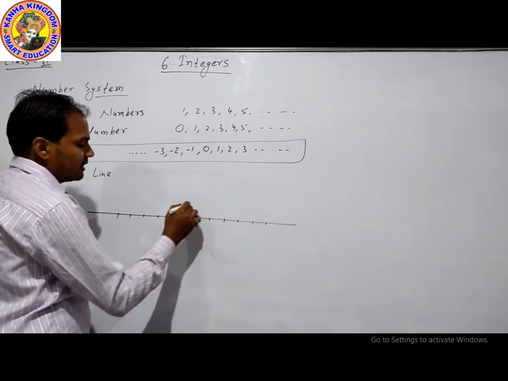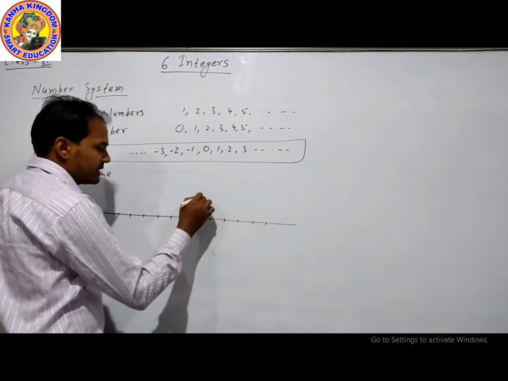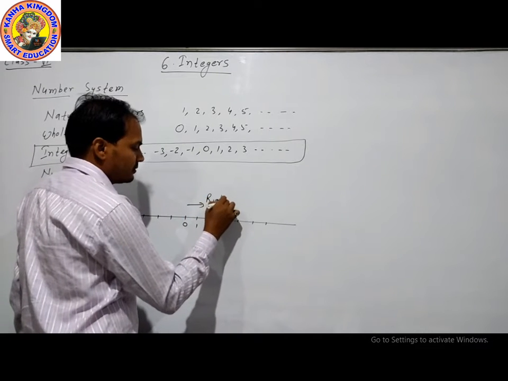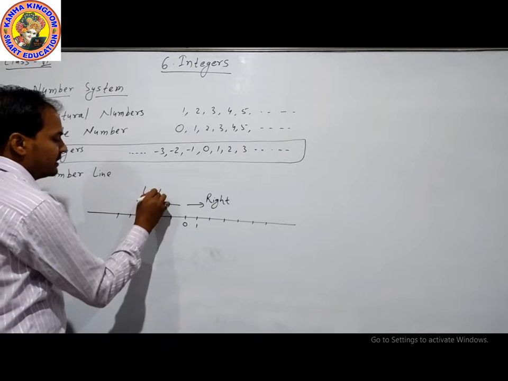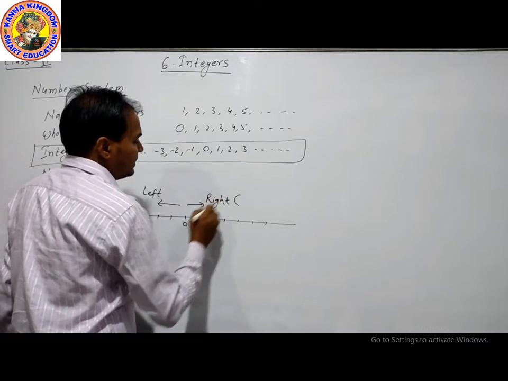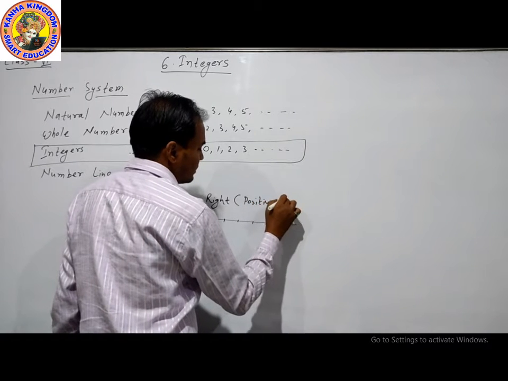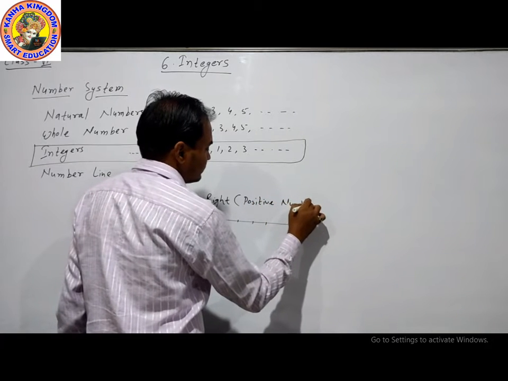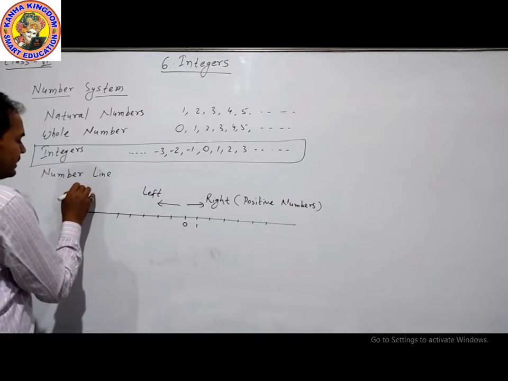This is our right side, this is our left side. On the right side we will place positive numbers, and on the left side the negative numbers.